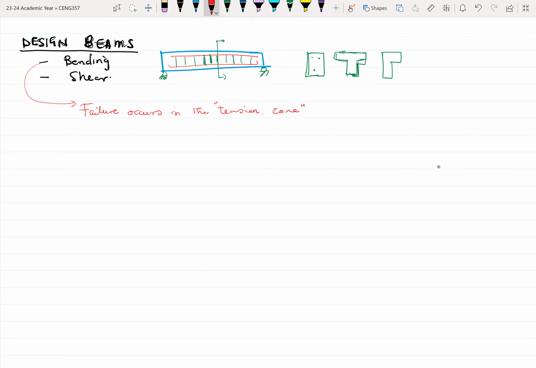The tension zone depends largely on which parts of the structure we are looking at.